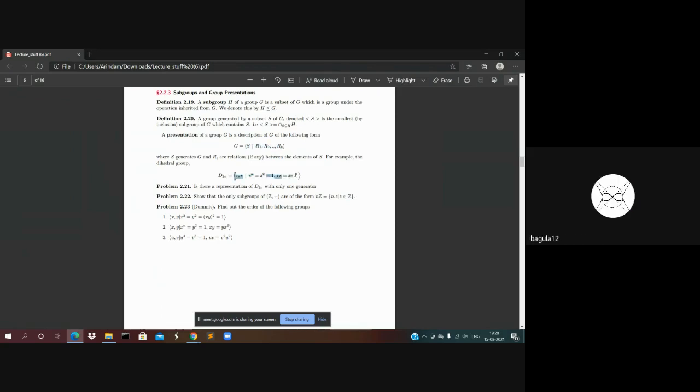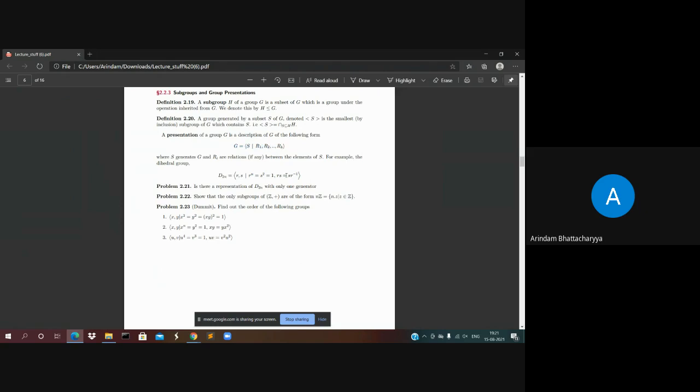What is this S? That capital S in the previous line is the set of generators. So the set which contains R1, R2 are the generators, and these are the constraints.